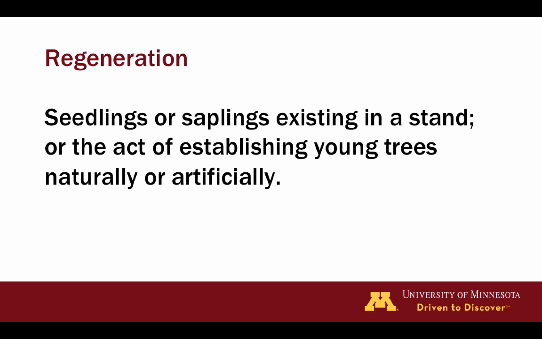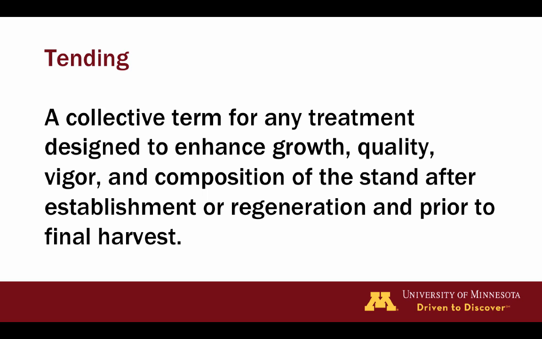So we can define regeneration in terms of establishing young trees, so establishing a new age class, establishing a new cohort. And again, I'm going to remind you, we're going to be going through a lot of definitions, so please feel free to pause this at any time to read the full definition. Tending is our second term, so we went through regeneration, establishing that new age class.